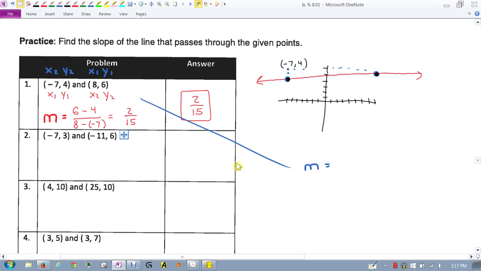What's y2 for us now? 4, and I'm going to take away y1, 6, over x2, which is negative 7, take away 8. What is the top? Negative 2. What is the bottom? Negative 15. What's a negative divided by a negative? Positive. And you get the exact same slope. So it does not matter which way you do it, you'll get the same answer.